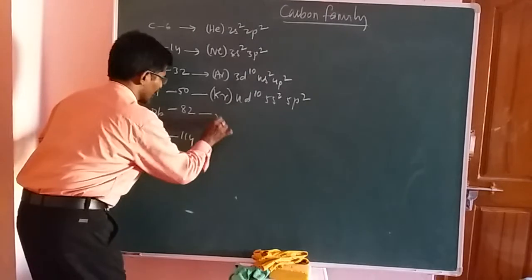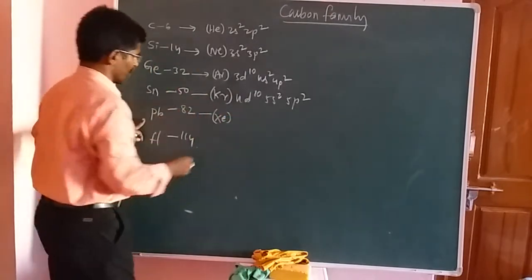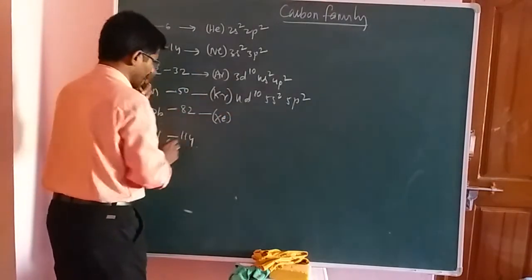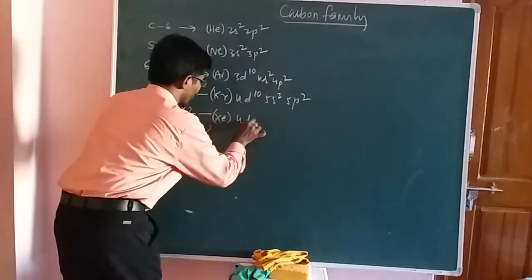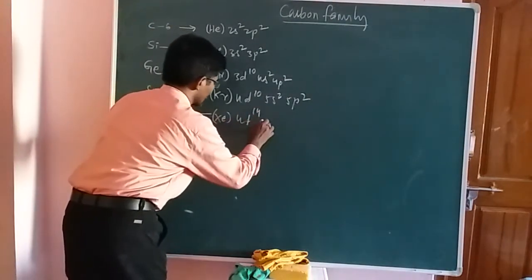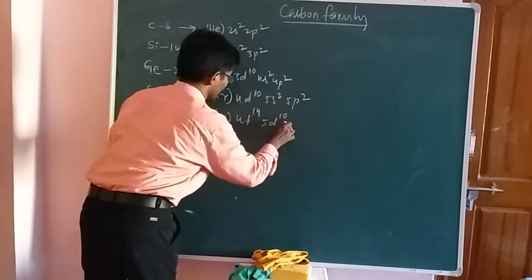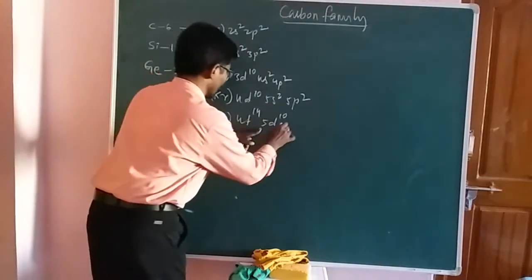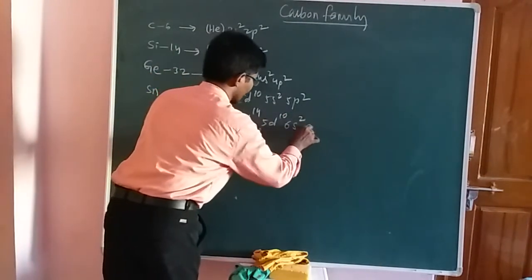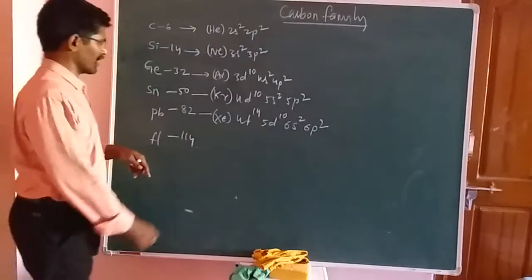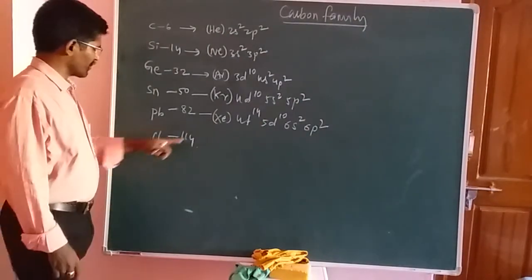Now here you have to use the xenon element, next one. Okay, now here xenon 4f14, and the next one is the 5d10, 6s2, and next one is the 6p2 configuration. Okay, now 6s2 6p2 configuration.